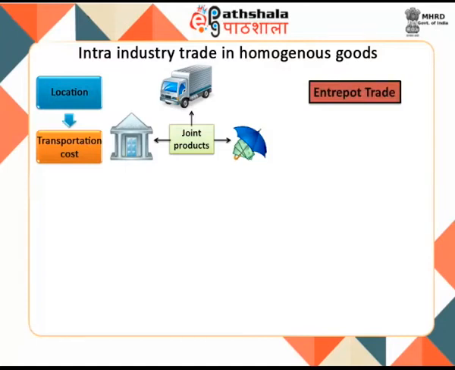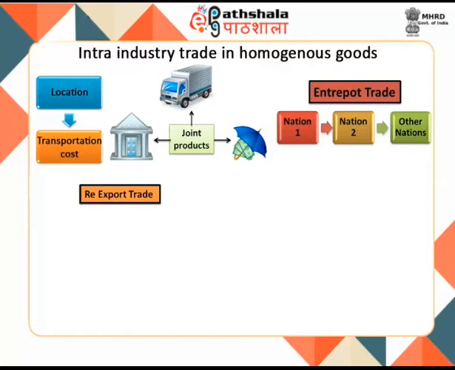Entrepôt trade. The trade where the goods are imported into a country and later the same goods are exported to another country. For example, Nation 1 exports goods to Nation 2 for warehouse facility and then Nation 2 exports these goods to other nations. Re-export trade. In this trade, goods are imported into a country and later on, the same goods are exported to another country with small transformation.